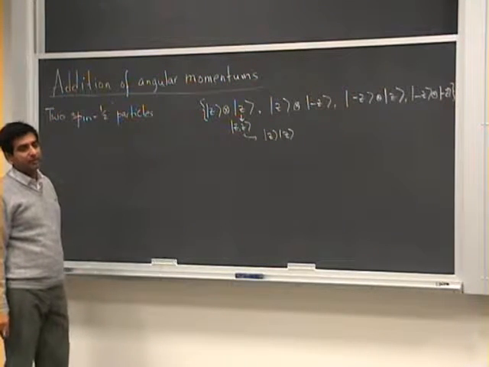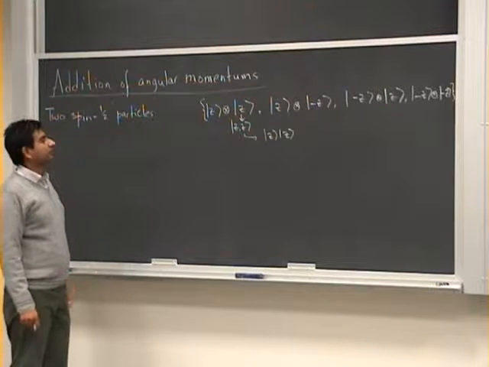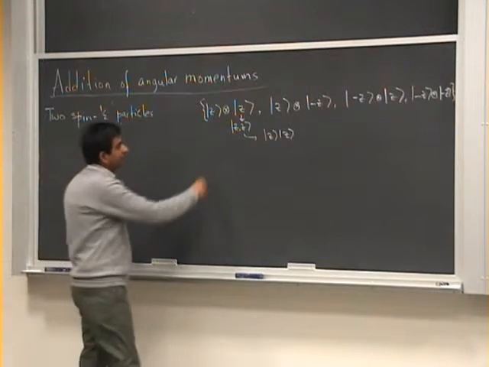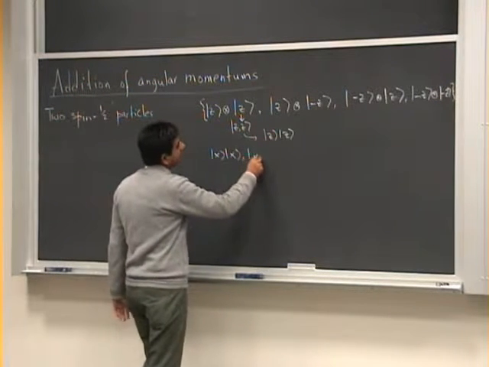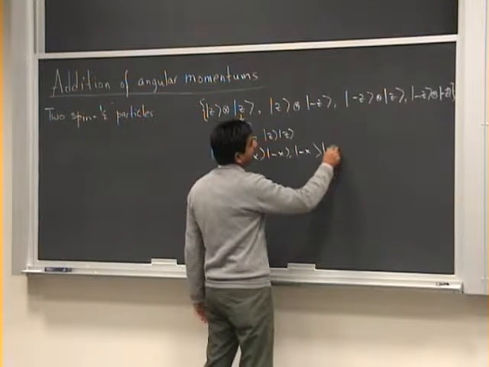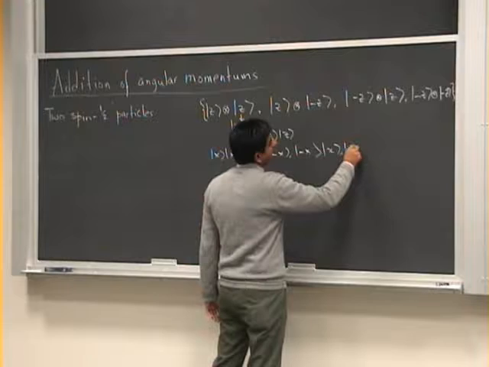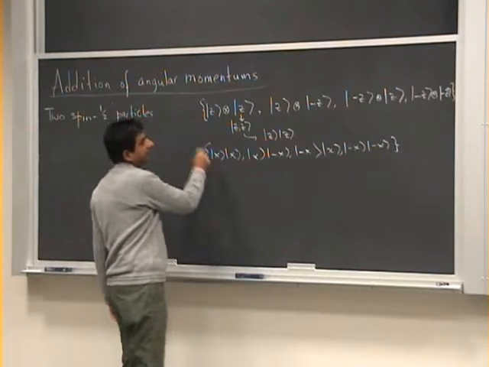Okay. But this is not the only basis, we all know that. We can also choose some other basis. For example, we can choose the |x, x⟩, |x, −x⟩, |−x, x⟩, and |−x, −x⟩. So this is also a basis.